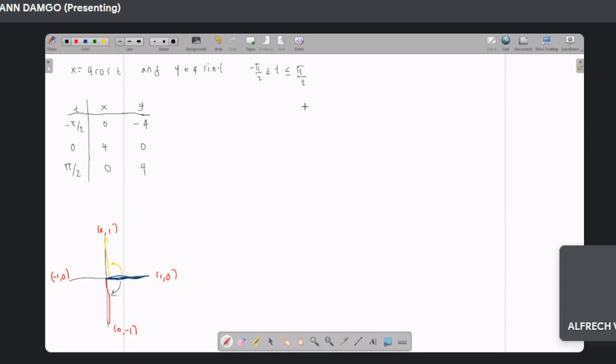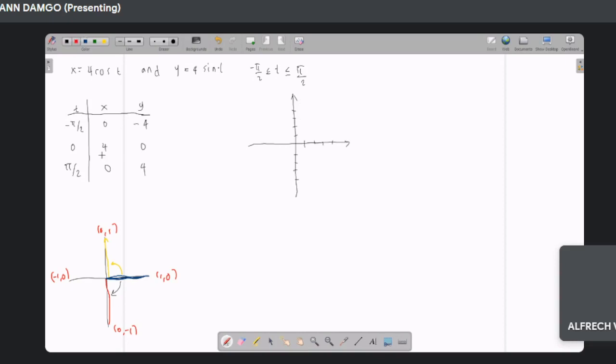Okay, so now we will graph it. 0, 4. 1, 2, 3, 4. 1, 2, 3, 4.